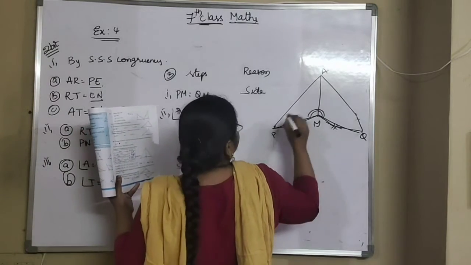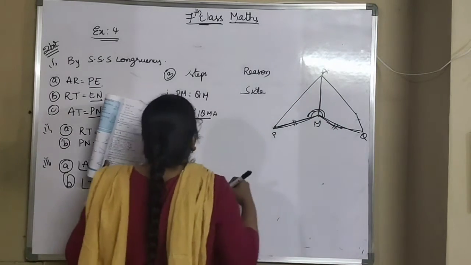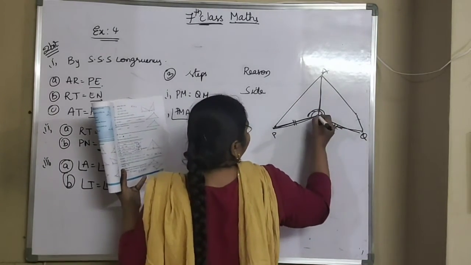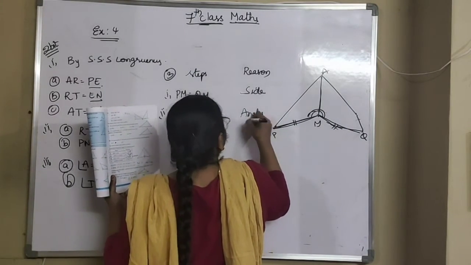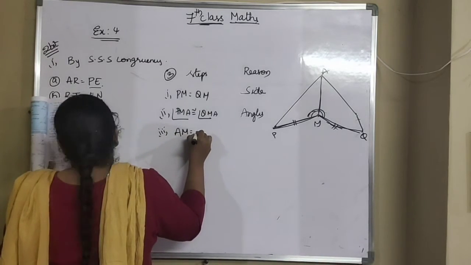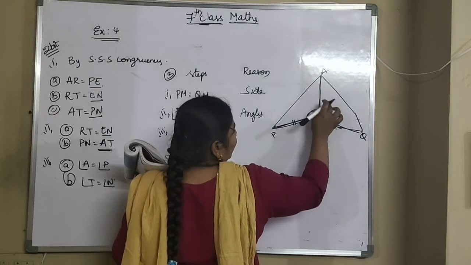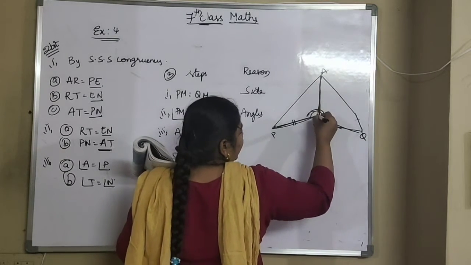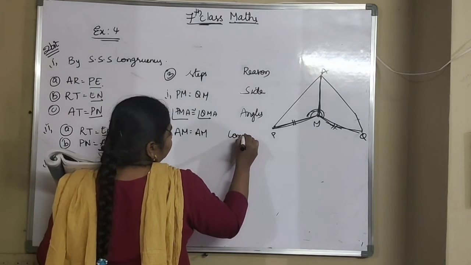So these are angles. Next, the third one, AM is equal to AM. So this AM is a common side for both the triangles. So AM is equal to AM will be the common side.